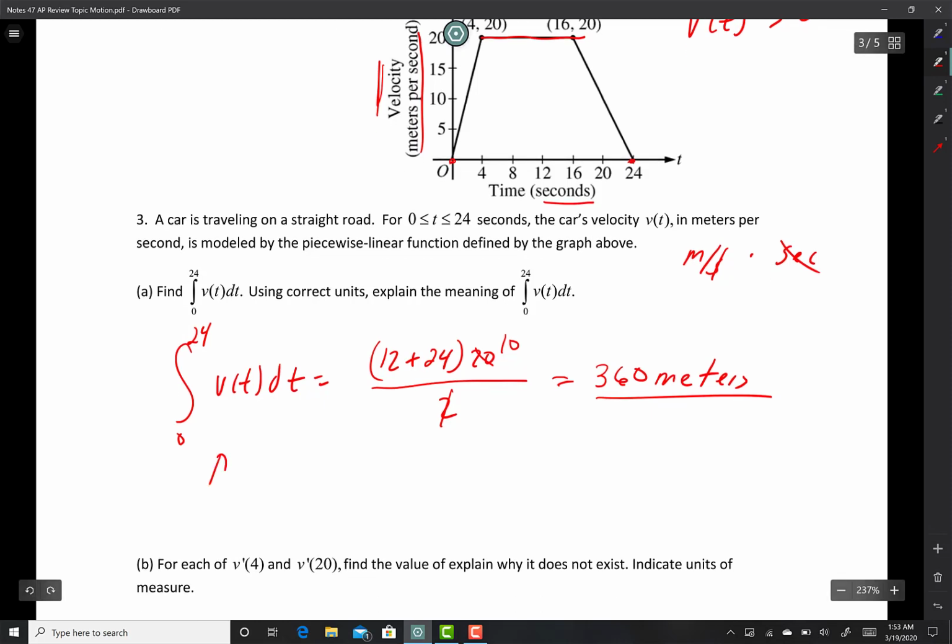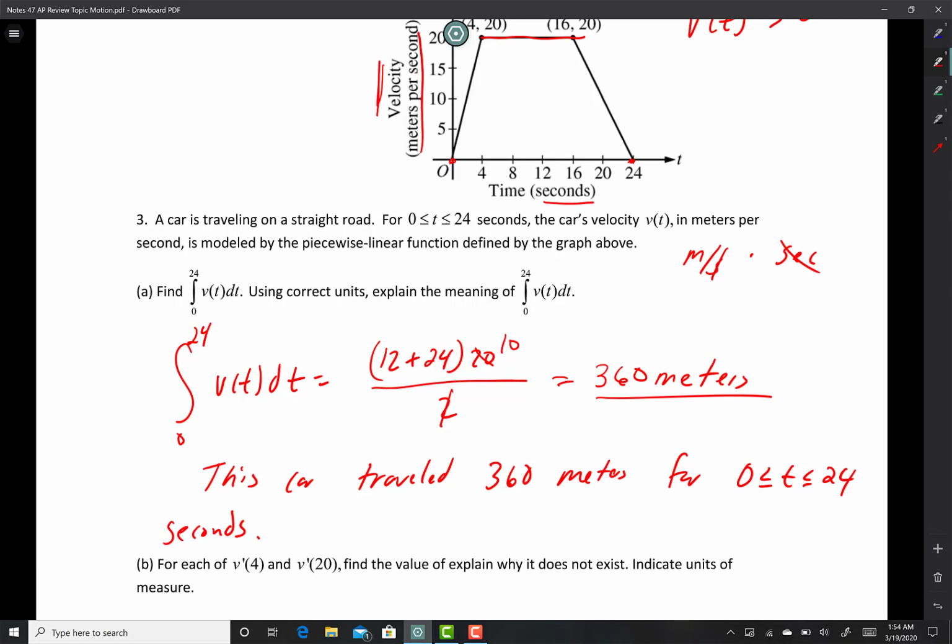So it's 360 meters that you traveled. It's better to write a cool statement: this car traveled 360 meters for 0 less than or equal to t less than or equal to 24 seconds.